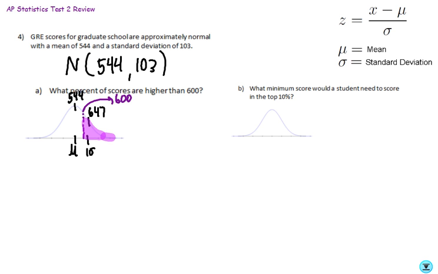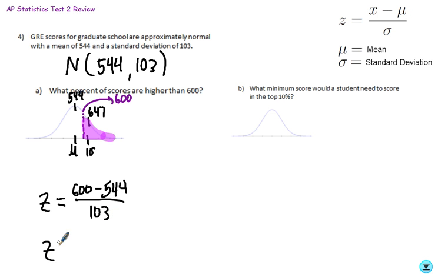So we get our z-score here. The score we're talking about is 600, the average is 544, and the standard deviation is 103.